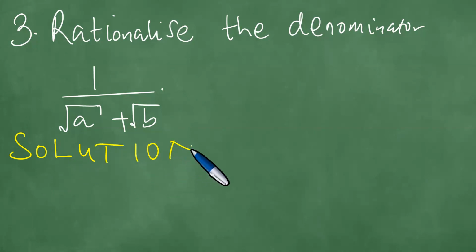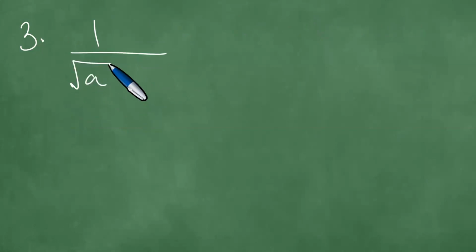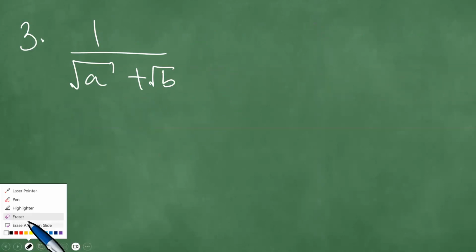I multiplied the bottom with the square root of a plus square root of b. Okay, let me see. This is the question. So you multiplied by what? By the denominator, sir.